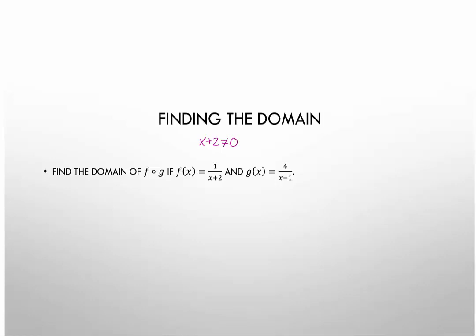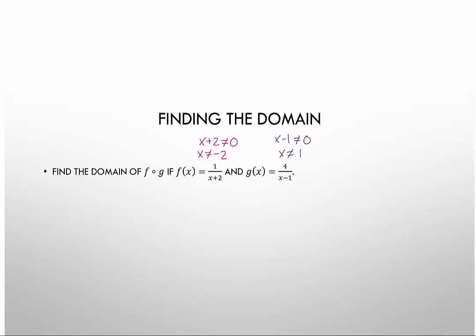So x plus 2 is not allowed to equal 0, which tells me that x is not allowed to equal negative 2. If I get a value of negative 2 substituted in here, I know it's not part of my domain. And then the same thing for g of x. I know that x minus 1 cannot be 0 because it's going to cause the denominator to be 0, which would make it undefined. So I know that x cannot equal 1.